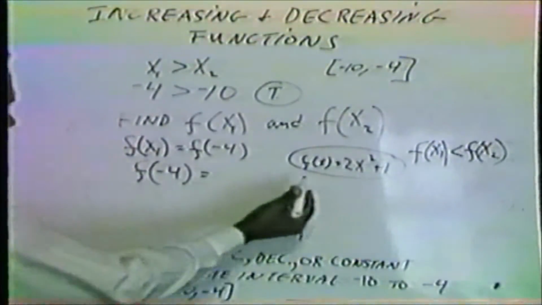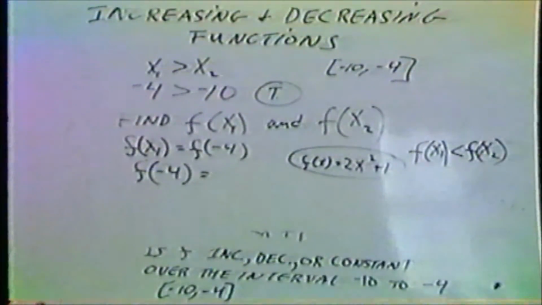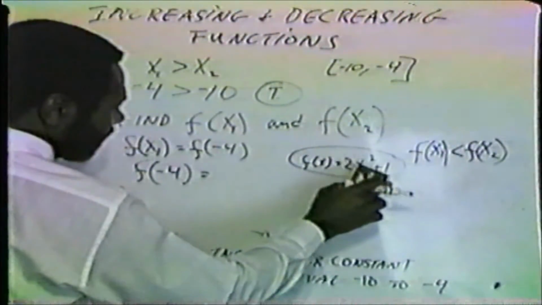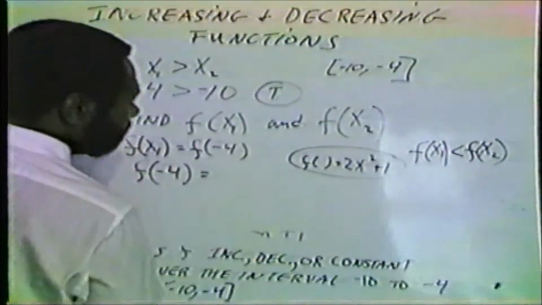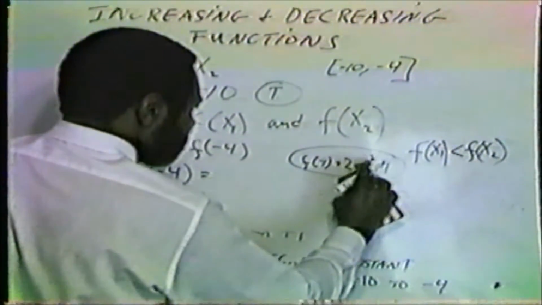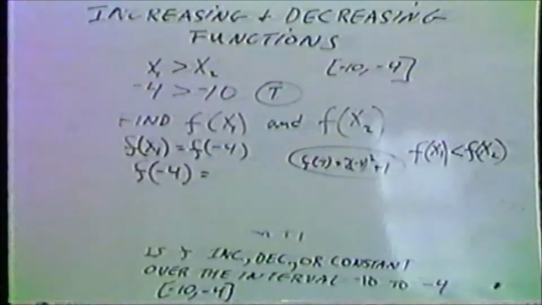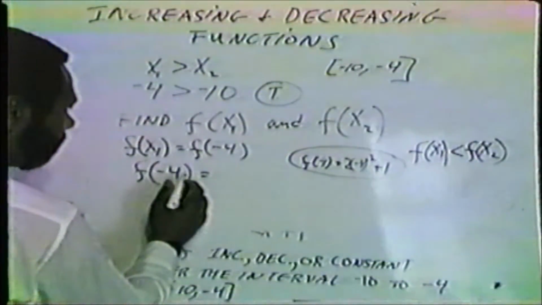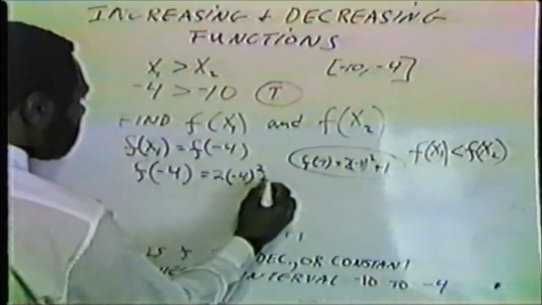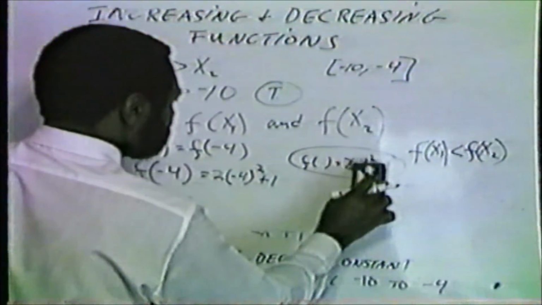Everywhere we have x in the equation of our function, we substitute negative 4. So f of negative 4 is equal to 2 times negative 4 squared plus 1.